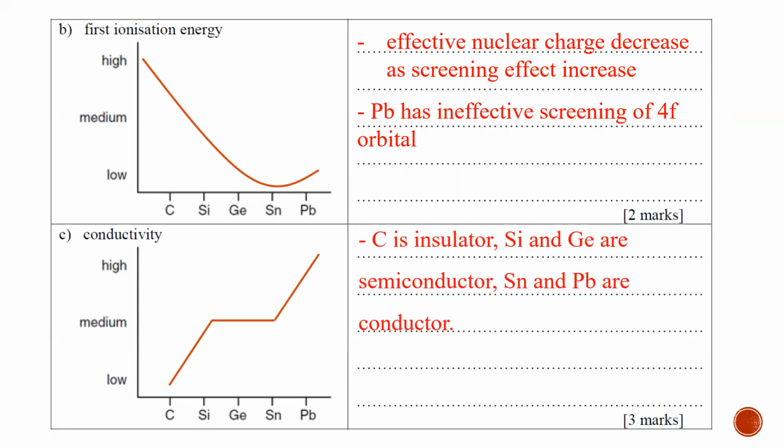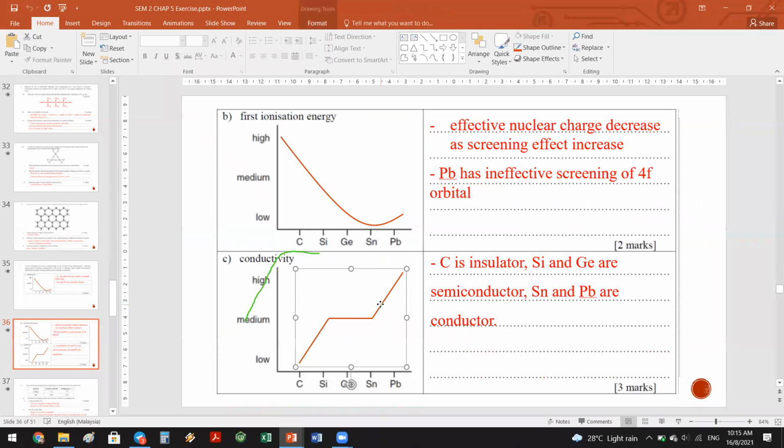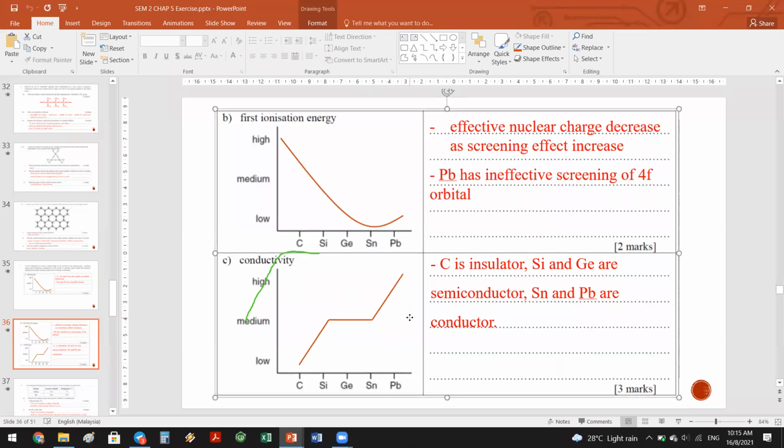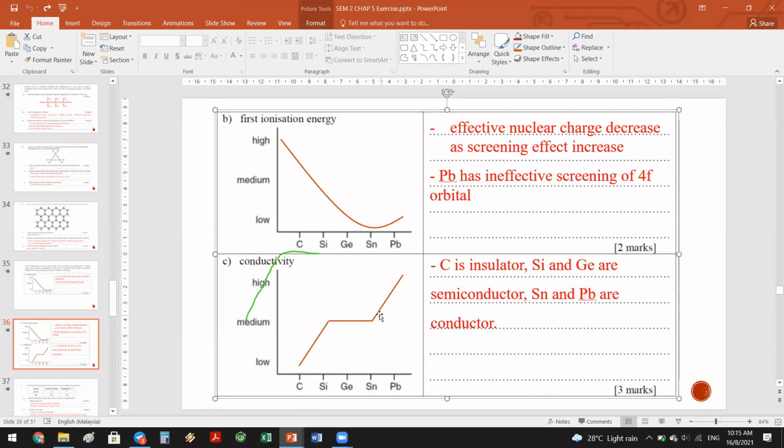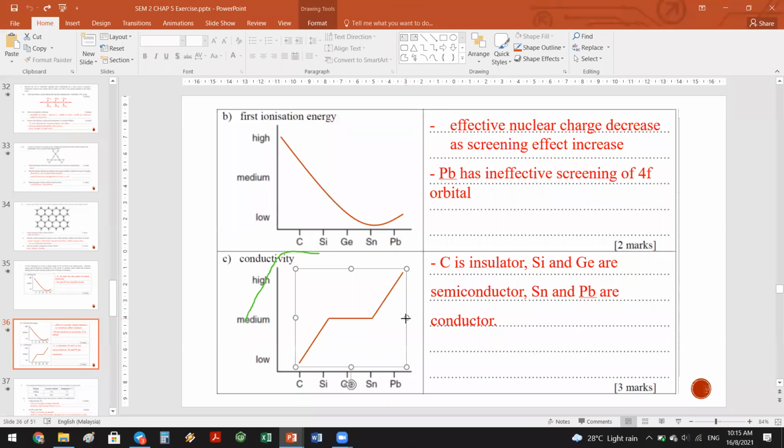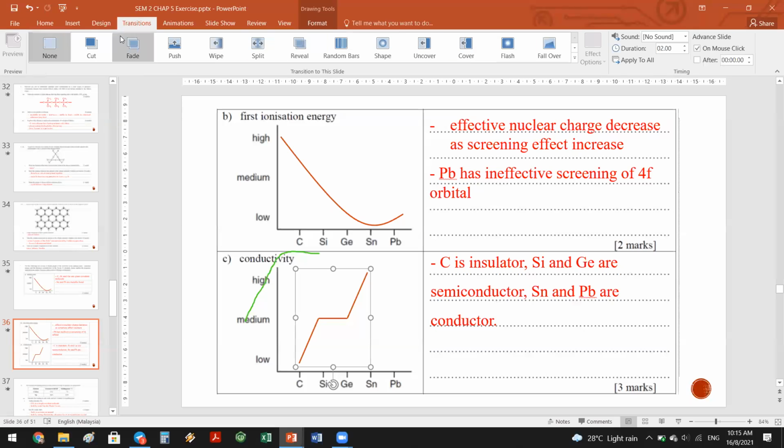Okay, sorry, the line may be slightly wrong in here. Supposedly from germanium, tin and lead like this. Can you please help me to correct this one? I'm so sorry for all the inconvenience caused. It's supposedly to be like this, and we're going to add in this.